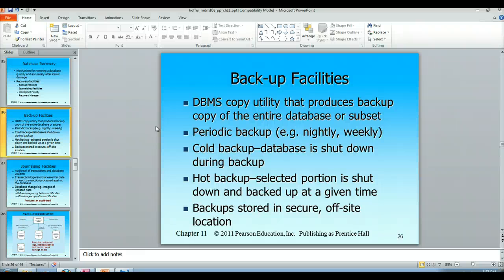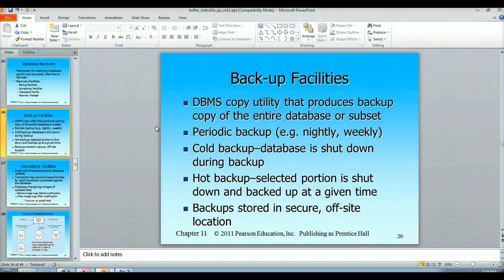We shut down the database, back everything up, then bring the database back up. Obviously, if you're a 24/7 operation, you just can't bring your database down and back it up. So you have to back it up piecemeal, which is known as a hot backup, where you take bits and pieces here or there and back them up, so the database itself never actually goes down.